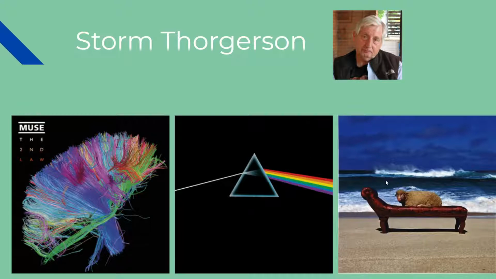Then for some reason there's a sheep sitting on a couch in front of the ocean. All very interesting to look at, but still very fun and very thought-provoking. It really pulls you in to think about what is it that I'm about to listen to, which is an incredible thing to do for your artwork and for the music.